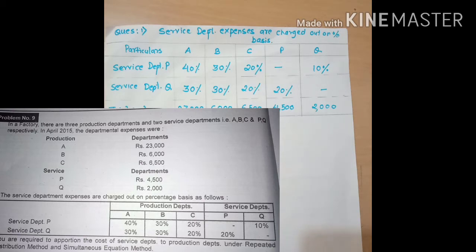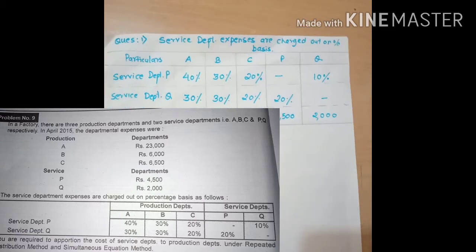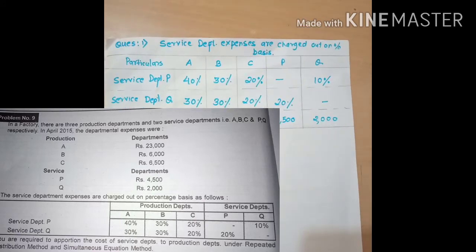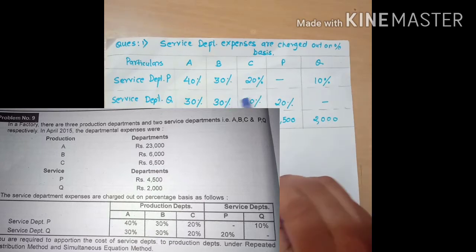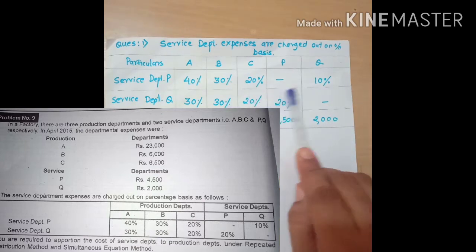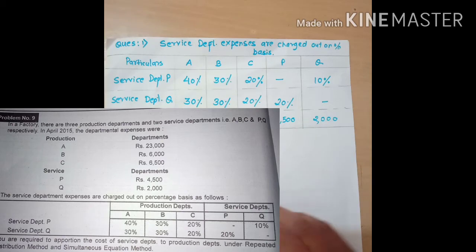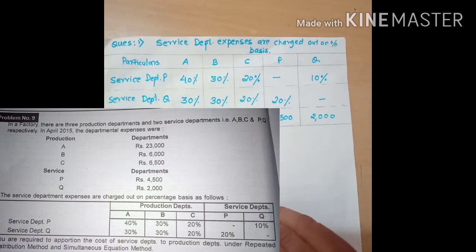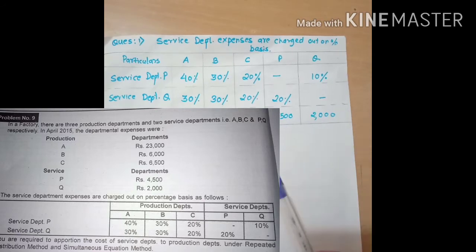The service department expenses are charged on a percentage basis as follows: service department P 40%, 30%, 20%, dash, 10%. Service department Q 30%, 30%, 20%, 20% and Q is dash.